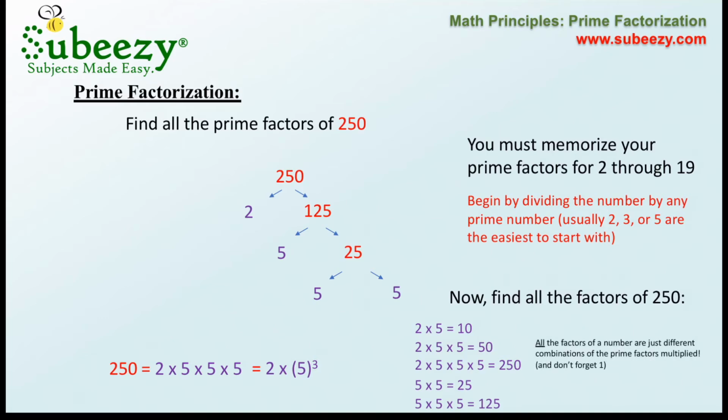All the factors of a number are just different combinations of the prime factors multiplied together. And don't forget 1. 1 is also a factor of every number. So our total factors for the number 250 are 1, 2, 5, 10, 25, 50, 125, and 250.